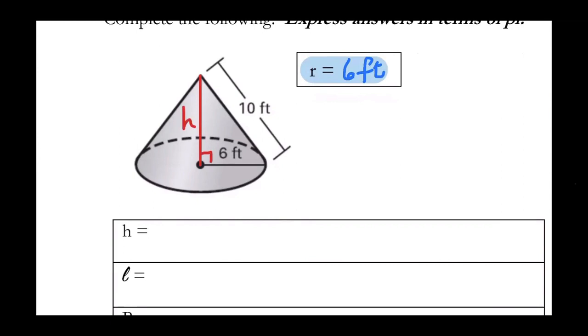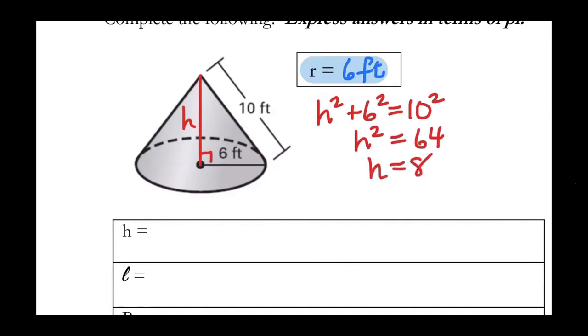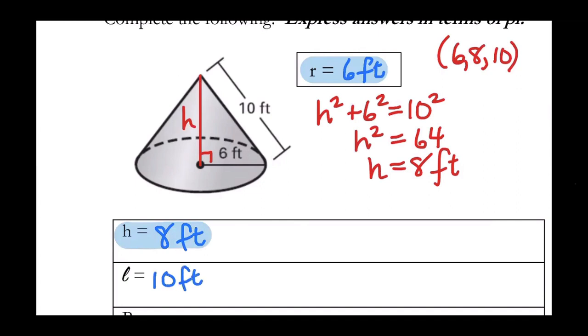So we'll do h squared plus 6 squared equals 10 squared. 100 minus 36 is 64, which makes your height 8 feet. Or in other words, that's a 6, 8, 10 Pythagorean triple. We were given the slant height was 10 feet.